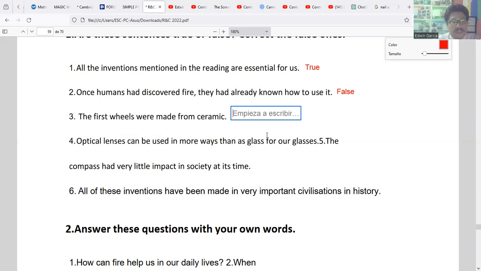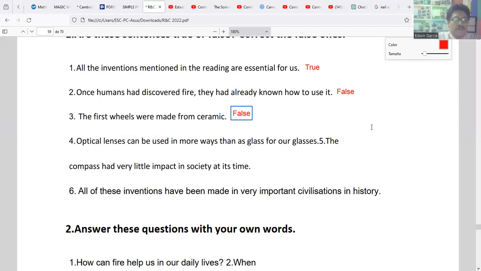Son los troncos. O sea, el tronco en sí es lo primero que descubrieron: cuando tumbaban un árbol o cuando un árbol se caía, eso podía rodar. Entonces luego hicieron cortes y ya salían como los aros de los troncos. Entonces, esto es false, no era cerámico.